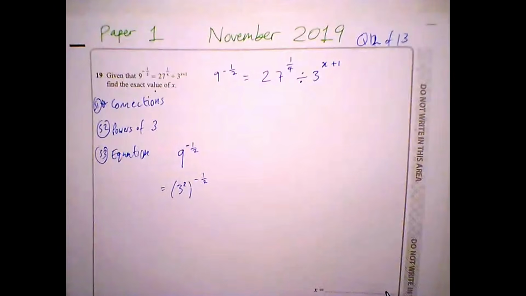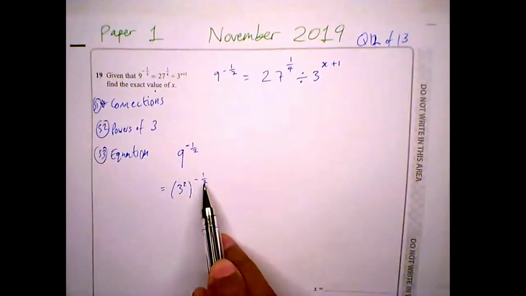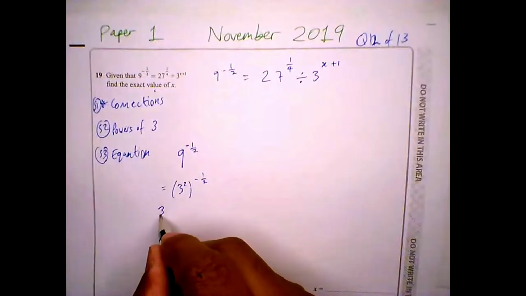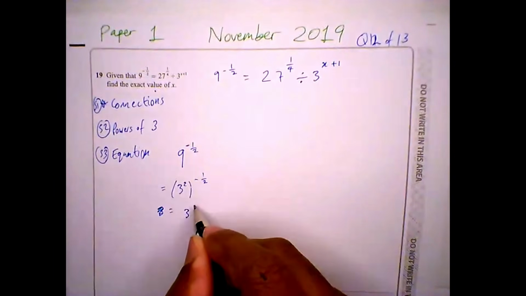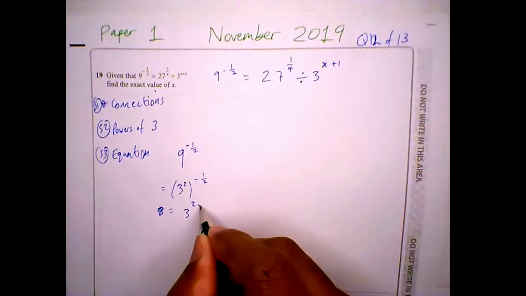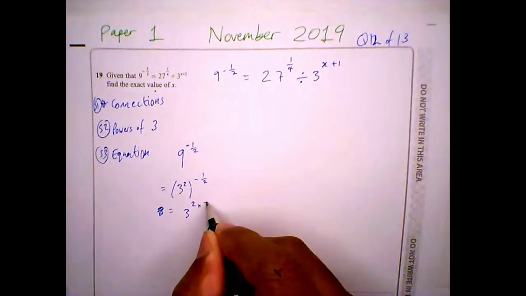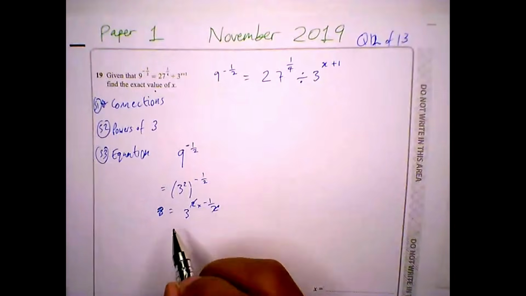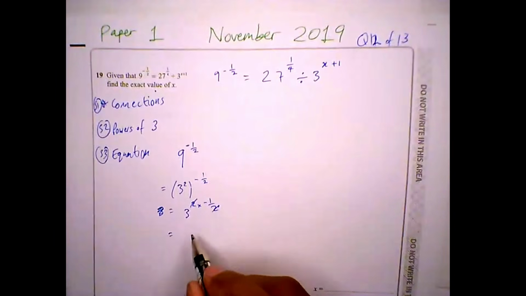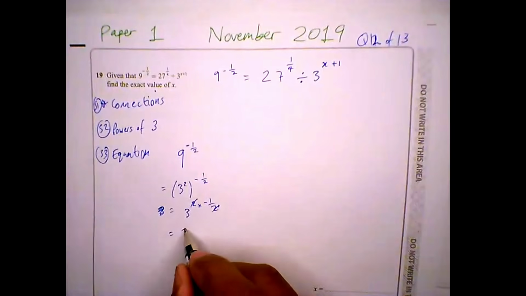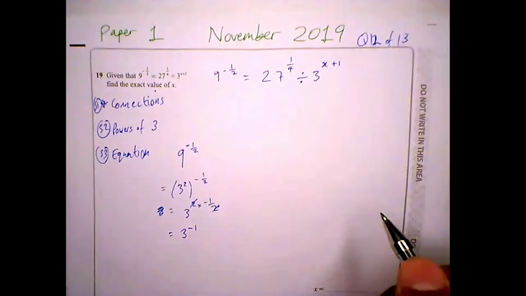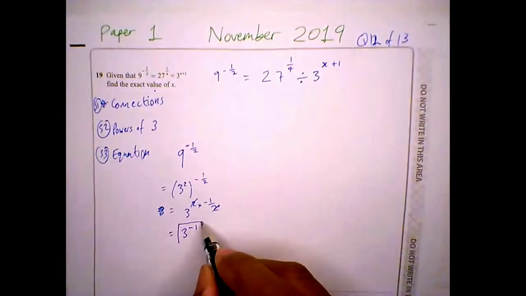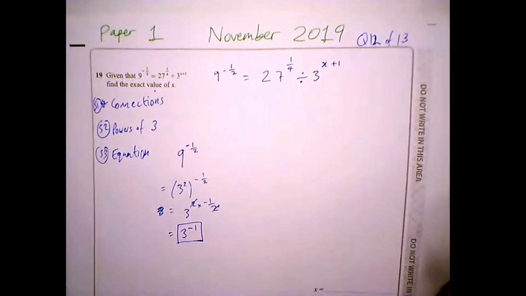The next thing now, a power of a power, we can multiply. 3 to the power 2 times minus a half. So the 2's will cancel. So I'm going to be left with 3 to the power minus 1. Okay, so I've got that here.